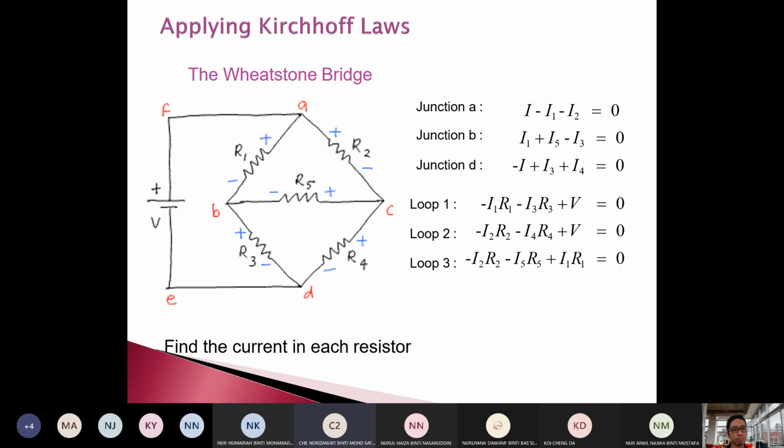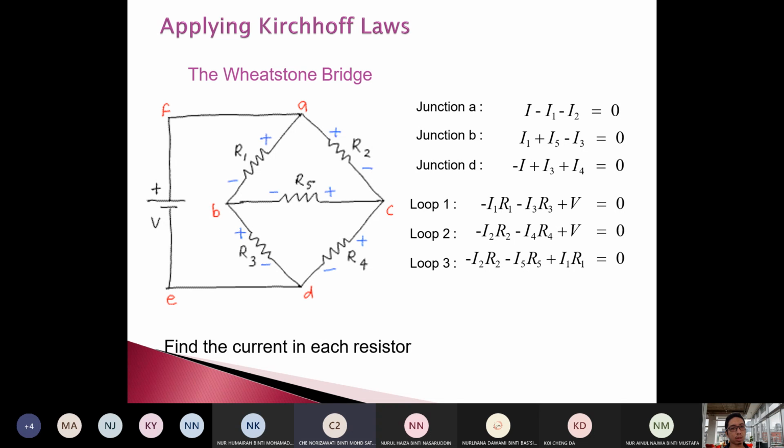For the first loop, because it is in terms of voltage, you should read it in terms of voltage. So we have V over here, and then you have minus I1 because your voltage is flowing that way, opposite of the direction of the voltage: minus I1 R1, and minus I3 R3, plus voltage, equals 0.